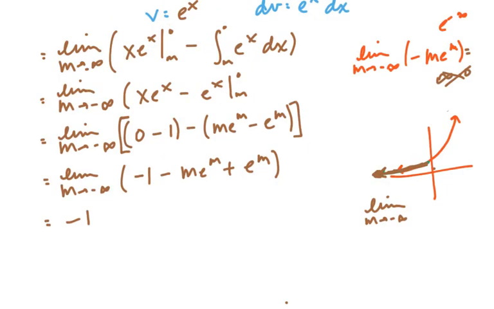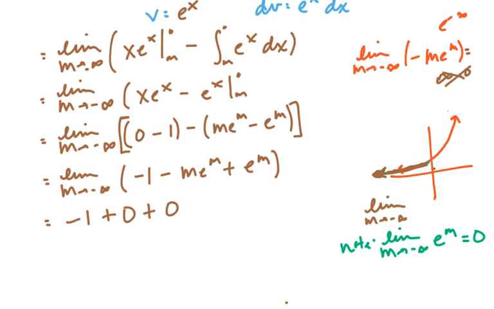So what we can do is say this middle term becomes 0. And if we look at the last term, it says the limit as m approaches negative infinity of e to the m, and we've already determined that to be 0. So we can come back into our problem and say 0.